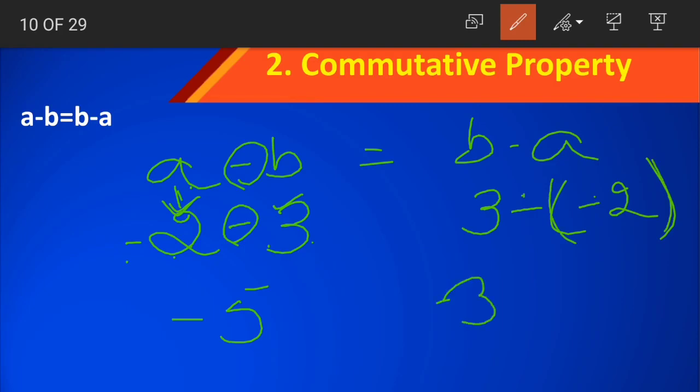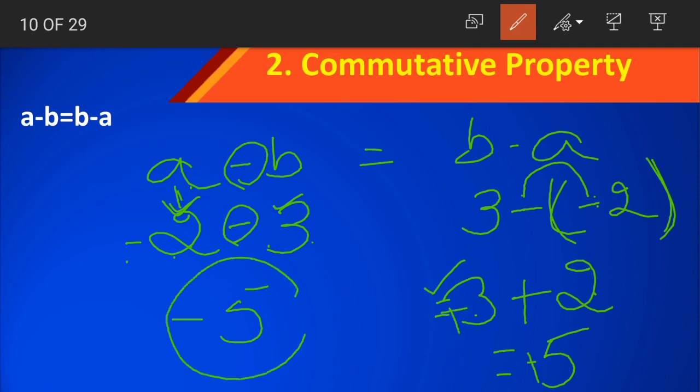Coming to solving, 3, minus into minus becomes plus, 2. What is 3 plus 2? 3 plus 2 is equal to 5. 3 is the higher number, which is positive, so the answer is also positive.